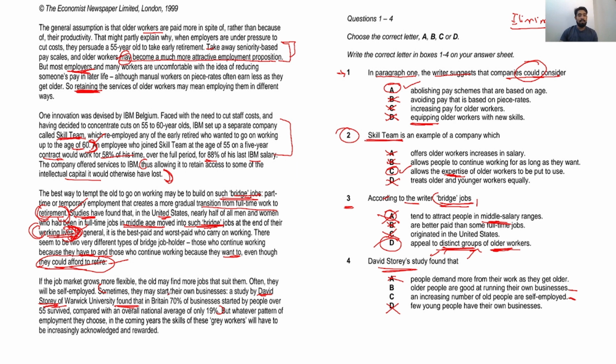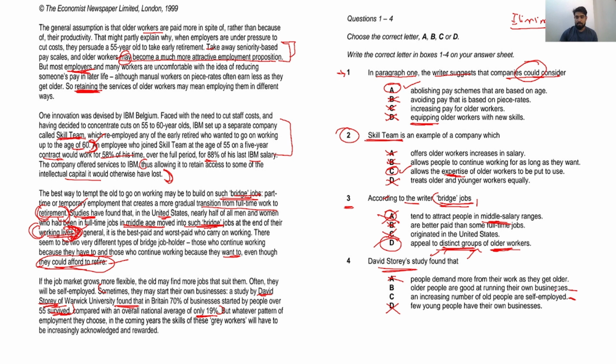A study by David Story of Warwick University found that in Britain, 70% of businesses started by people over 55 survived, compared to the national average of only 19%. That means older people are maintaining their business well.